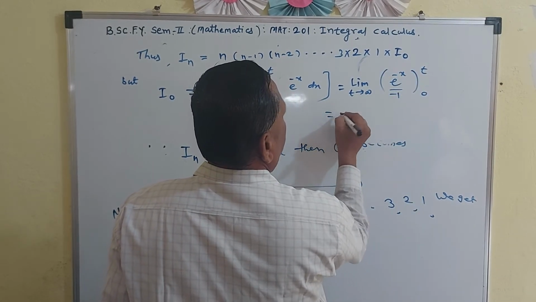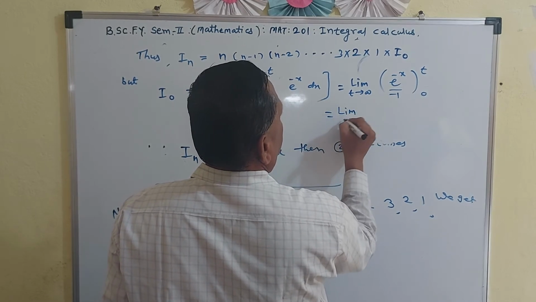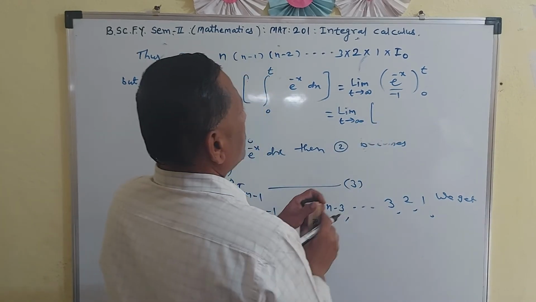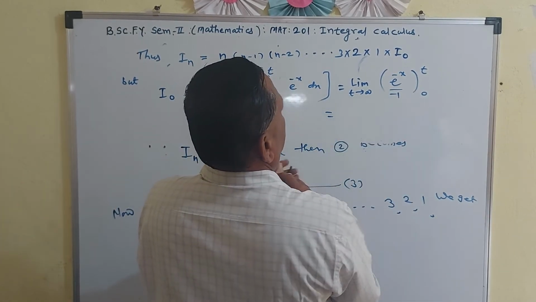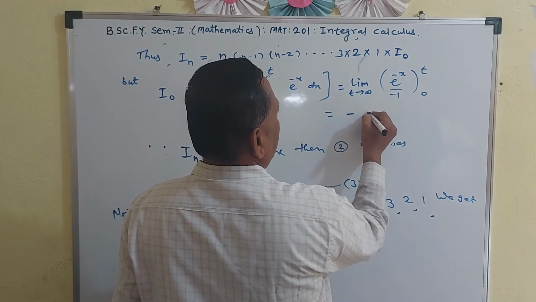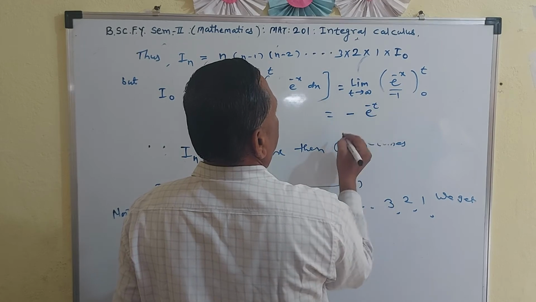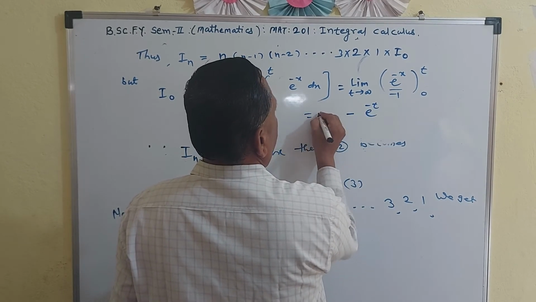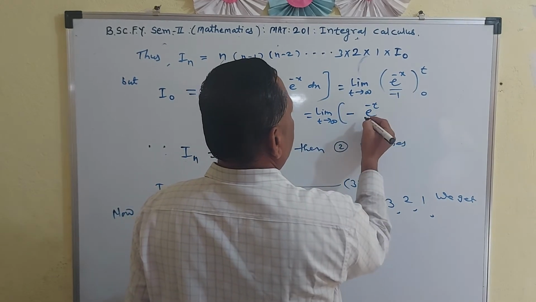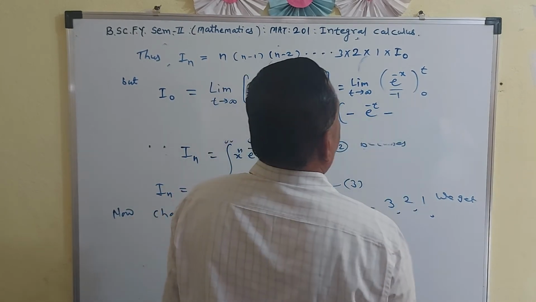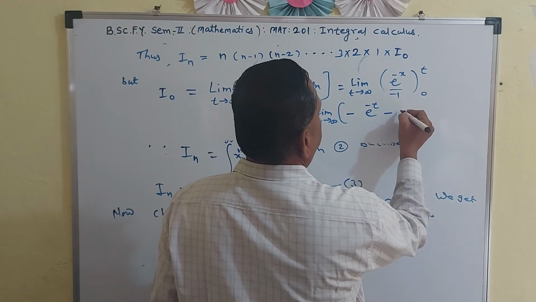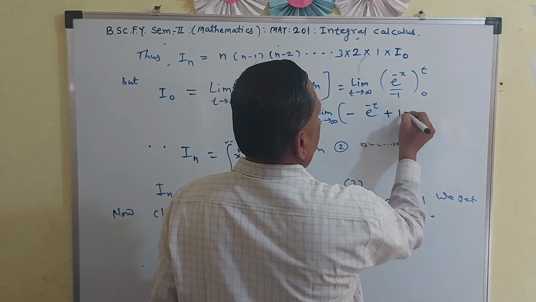So it is equal to limit as t tends to infinity of, or directly substituting, minus e raised to minus t, then minus e raised to minus 0, means minus minus becomes plus 1.